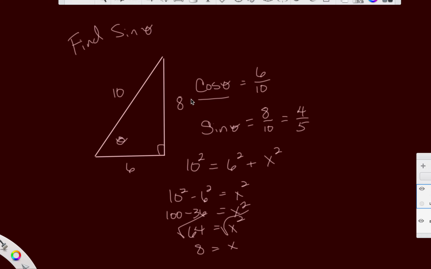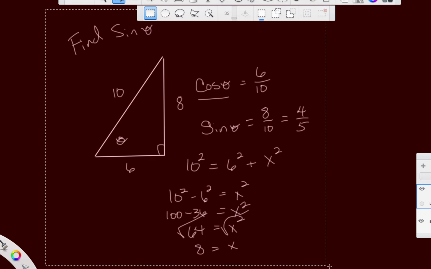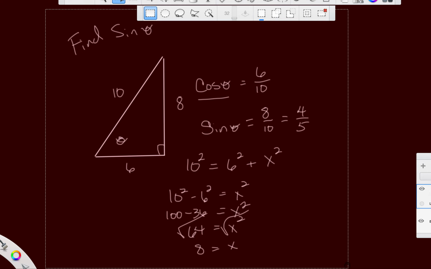Let's move on. Those are my triangles. So I'm going to move on and do just a little bit of what we were talking about before. I'm going to do some simplifying of fractions, but I'm going to do simplifying of fractions with trig functions.